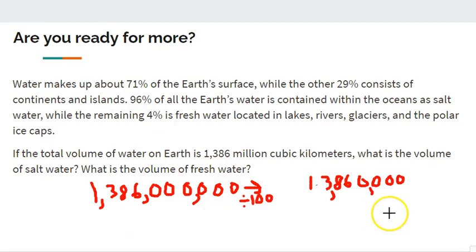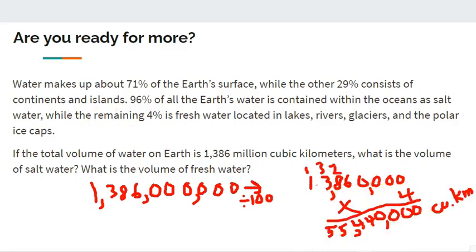So the first thing I did was take it down to percentage, because that would have been hard to do otherwise. Now I just basically have to multiply, right? I'm going to find fresh water first, which gets us 55,440,000 cubic kilometers of fresh water.